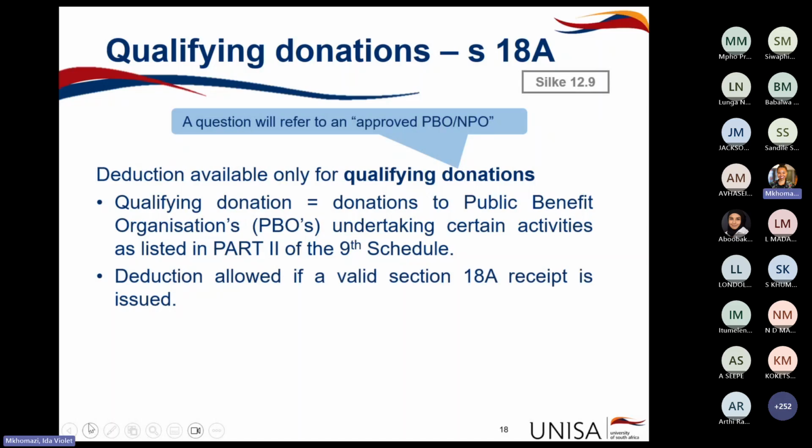So with donations, or Section 18A, you get a deduction from your taxable income on any qualifying donations. And what's a qualifying donation? A qualifying donation is a donation that is made to a public benefit organization, or PBO.